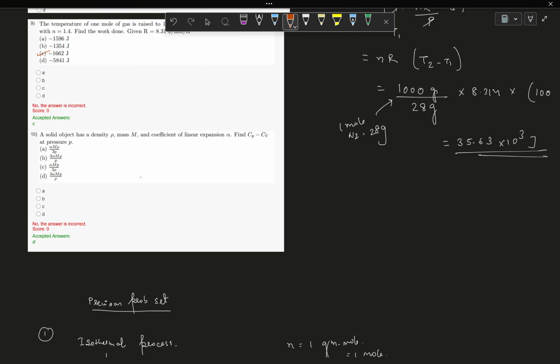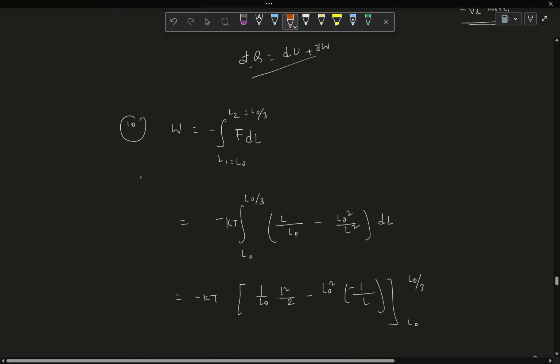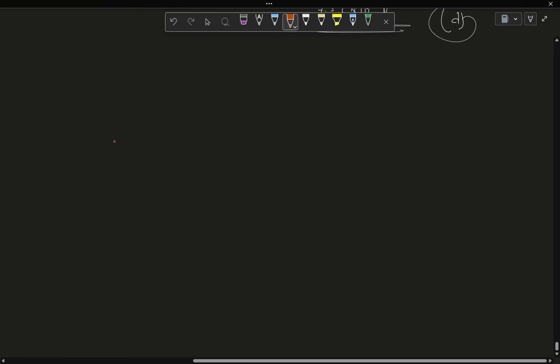Mass and density are mentioned, coefficient of linear expansion is mentioned, and Cp minus Cv you have to calculate when the pressure is mentioned. This is an important question, so let us solve that. Important as in not the same type that we have solved till now, a little bit different.